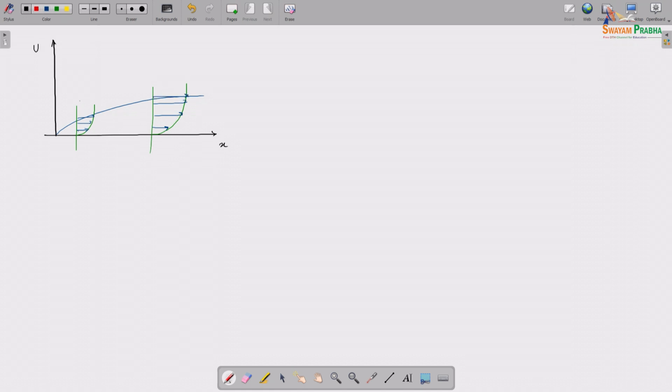Of course you can see that the velocity within the boundary layer is a function of x, but primarily the change is actually in the y direction.